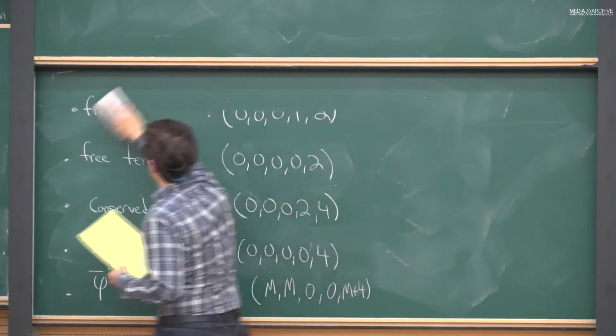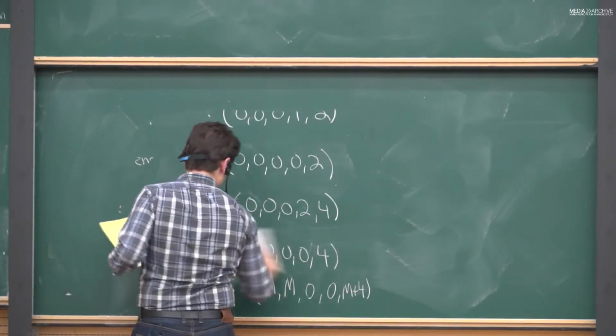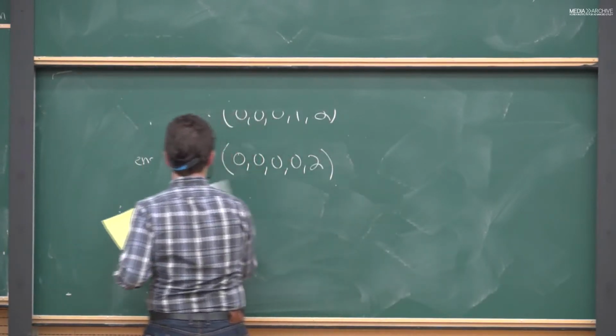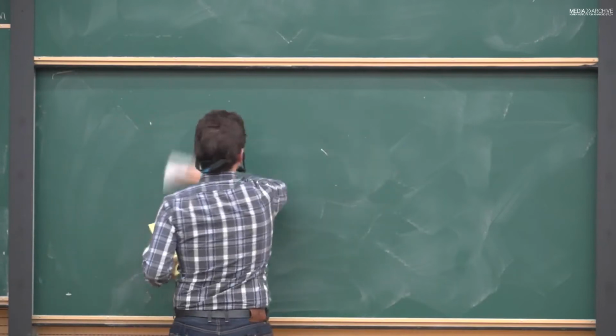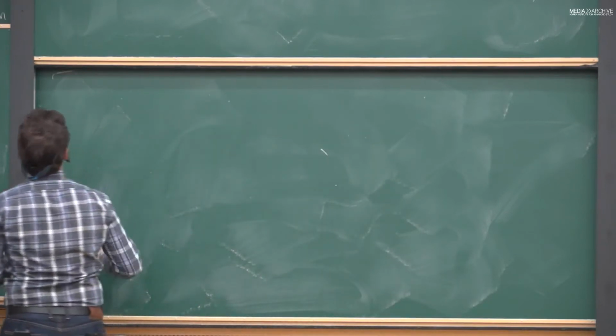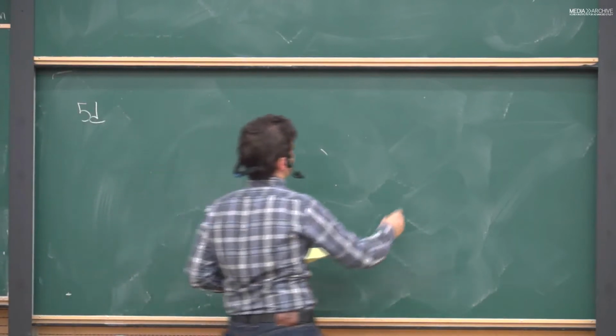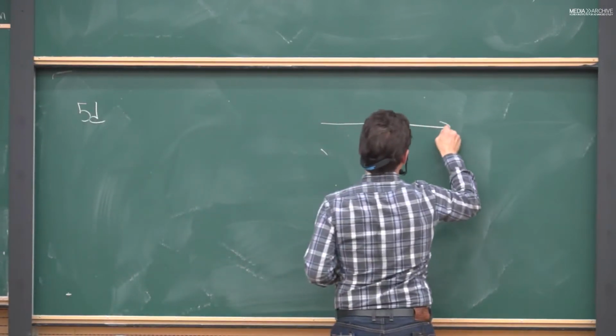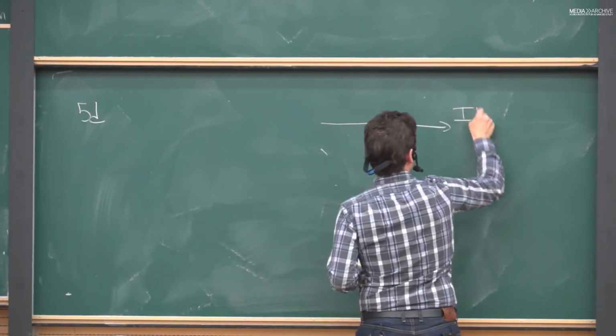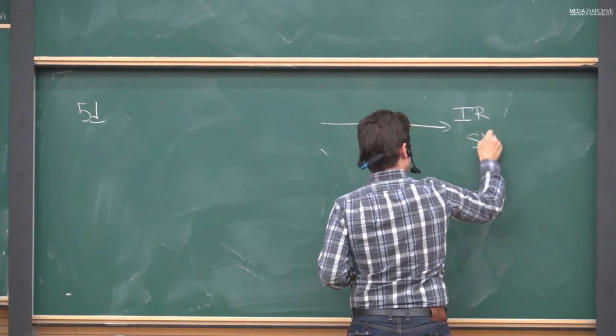What about 5 dimensions? Well, in 5 dimensions, super Yang-Mills is not UV complete on its own. So we can imagine an RG flow where in the IR, we have super Yang-Mills.